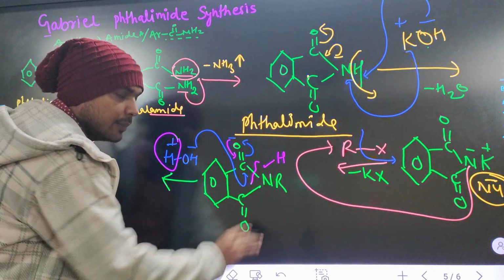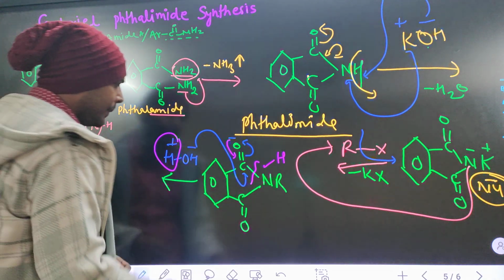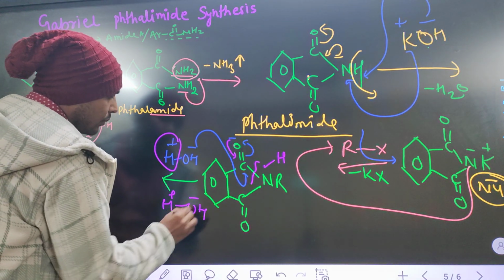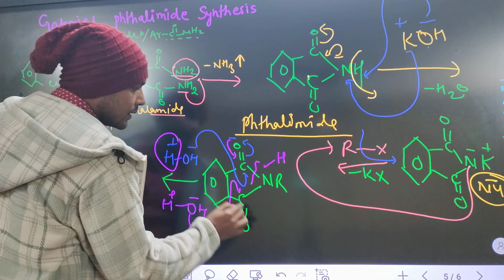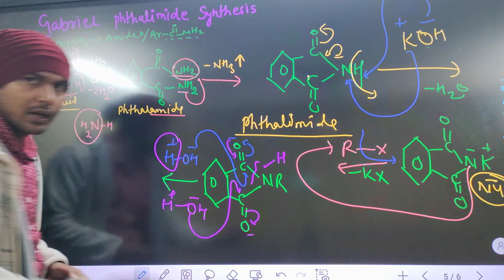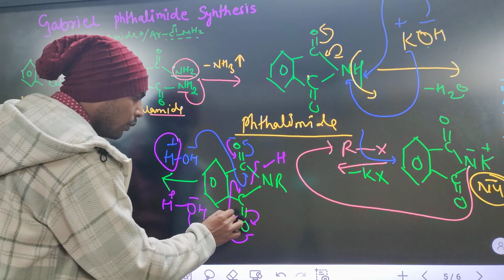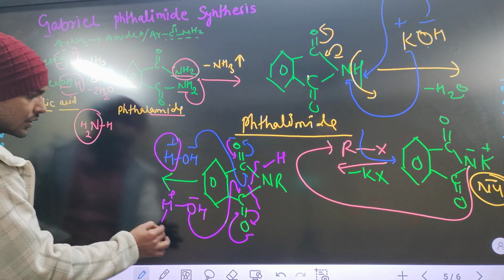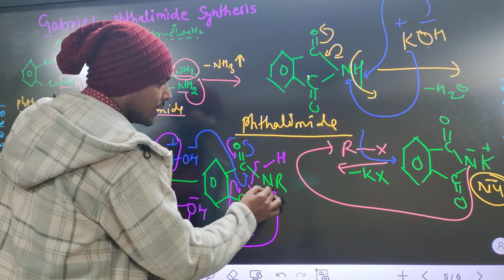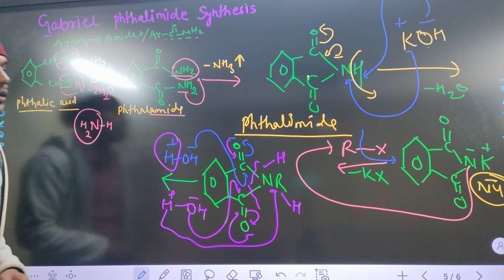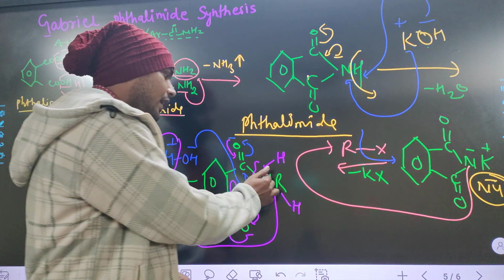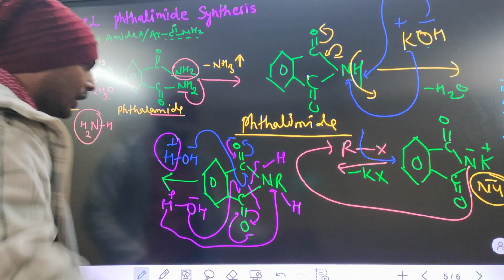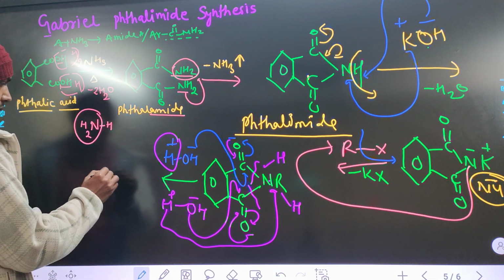Similarly, when this bond breaks, one OH will attack here, this bond will shift here, minus will come here, then minus will go back, then this bond will break, and this H positive will be attached here. So what we have seen here is RNH2.